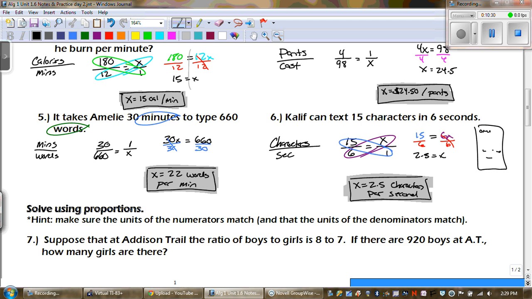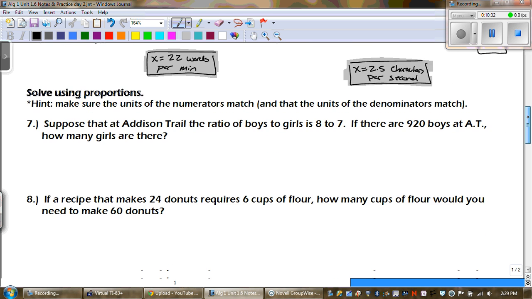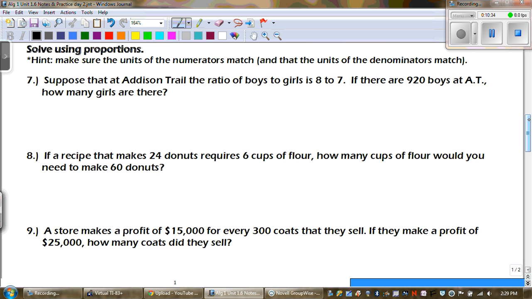So now we look at the bottom part. It says solve using proportions. And our hint is to make sure the units of the numerators match and that the units of the denominators match. Okay, let's do one together. Number 7 says suppose that in Addison Trail, we have the ratio of boys to girls.